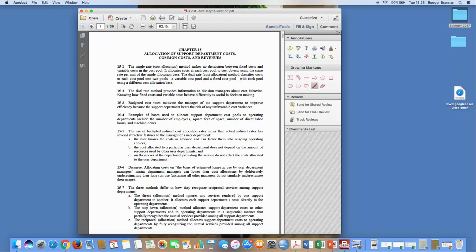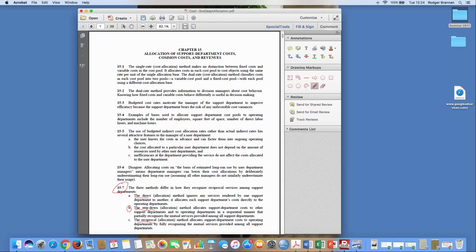Now, beyond the dual rate and single rate, we're going to look at basically three ways of allocating support department costs. First, the easiest method is the direct method. Then you have the step-down method and a reciprocal method. Now, a vast majority of companies in real life use the step-down method.